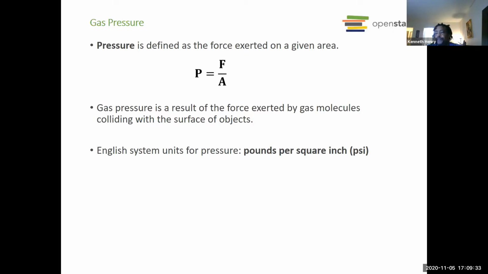Okay, because we are the US and we like that empiricalism, in the US we typically use pounds per square inch. Do you guys have cars? Your tires. What is the pressure of your tires? 35.